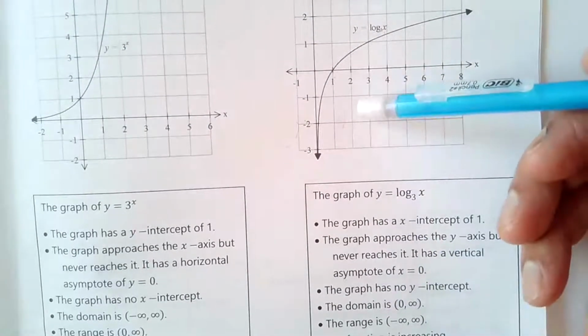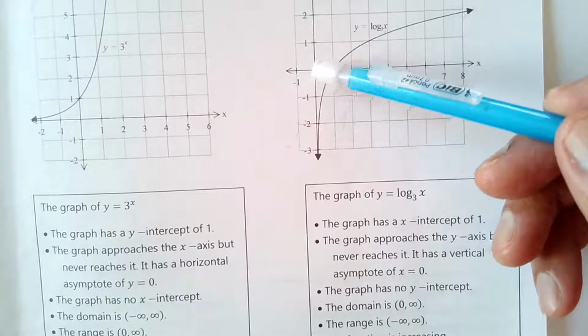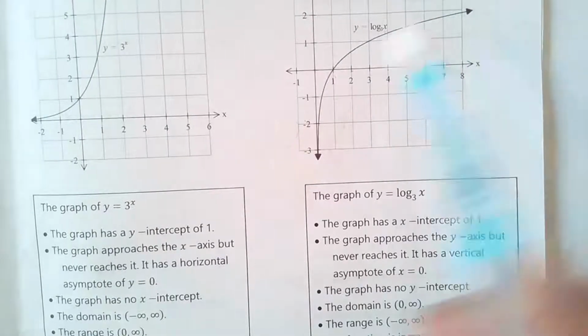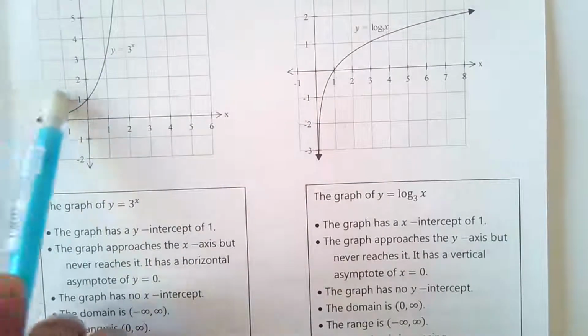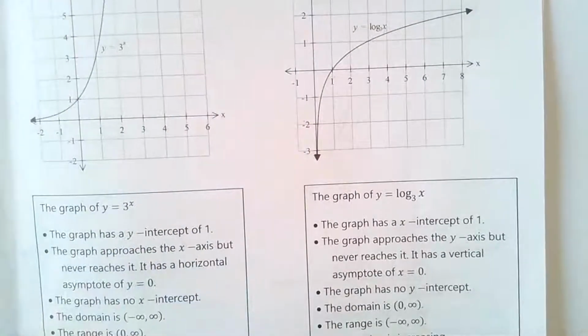This graph has no y-intercept, and the domain is from 0 to infinity, while the domain for the exponential function is all the real numbers, negative infinity to infinity.